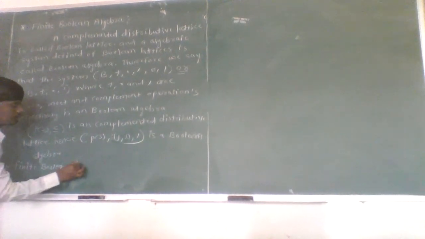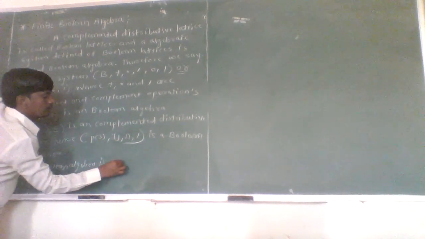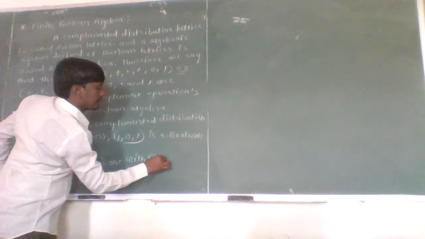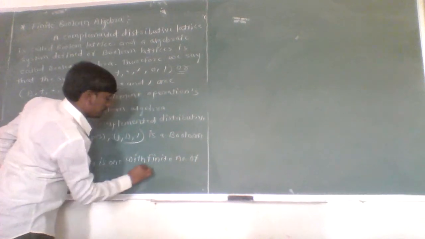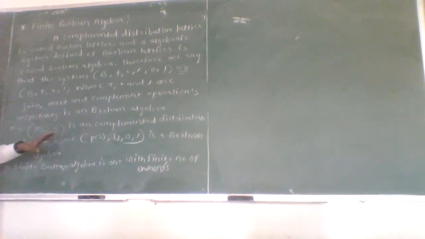Now, a finite Boolean algebra is a Boolean algebra with a finite number of elements. If a Boolean algebra contains a finite number of elements, then it is called a finite Boolean algebra.